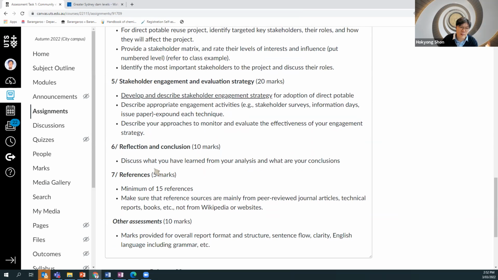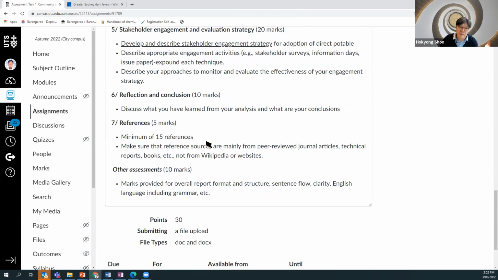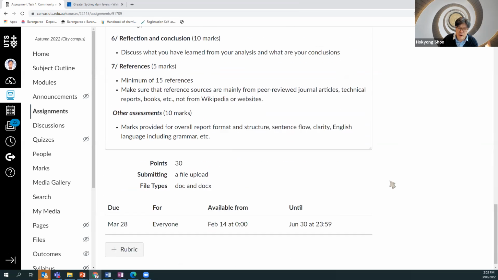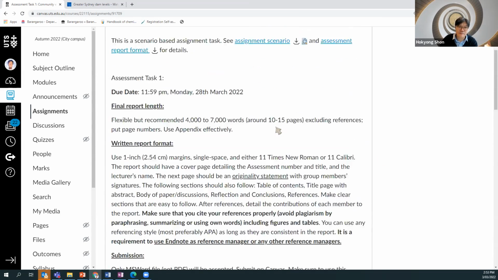Reflection and conclusion: discuss what you have learned from your analysis and what your conclusions are. For the references, you should have a minimum of 15 references, making sure that reference sources are mainly from peer-reviewed journal articles, technical reports, and books. The other assessment marks cover overall report format, structure, sentence flow, clarity, and English language, including grammar. So that's your Block 1 assessment.